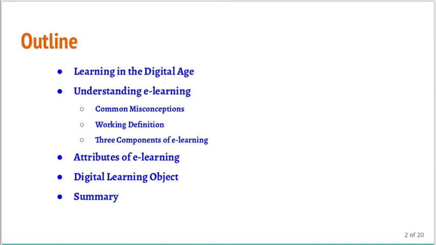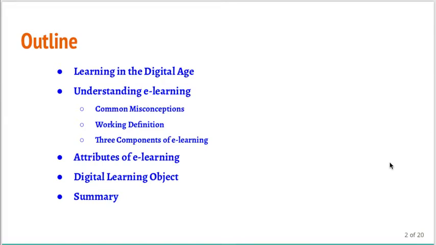It also covers the attributes of e-learning and gives you an introduction to a learning object, that is, a digital learning object, and then a summary of today's session.